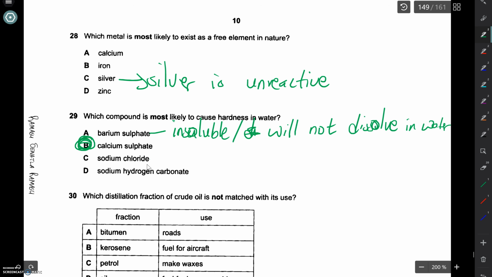Sodium chloride is table salt, and sodium hydrogen carbonate is baking soda.